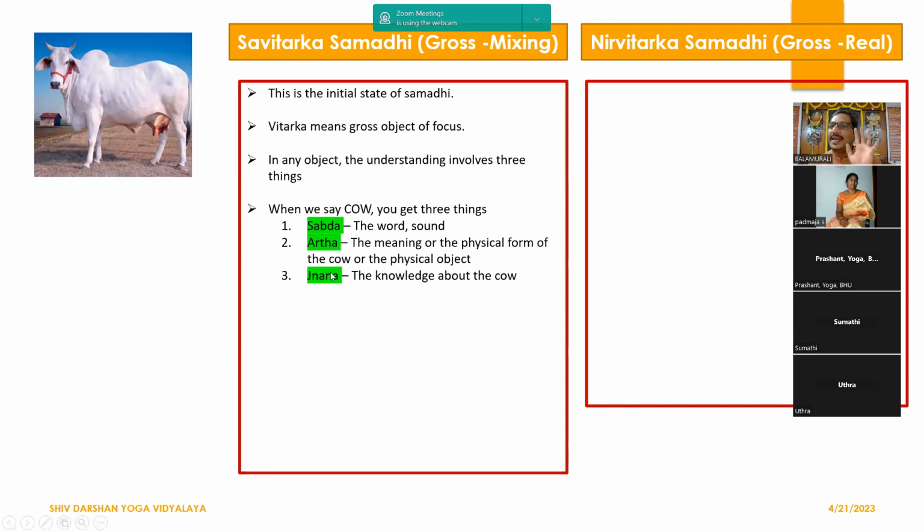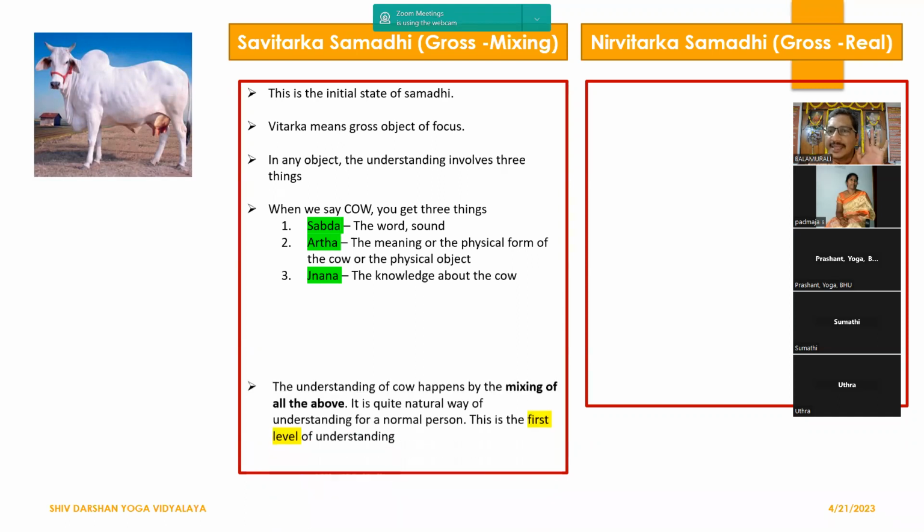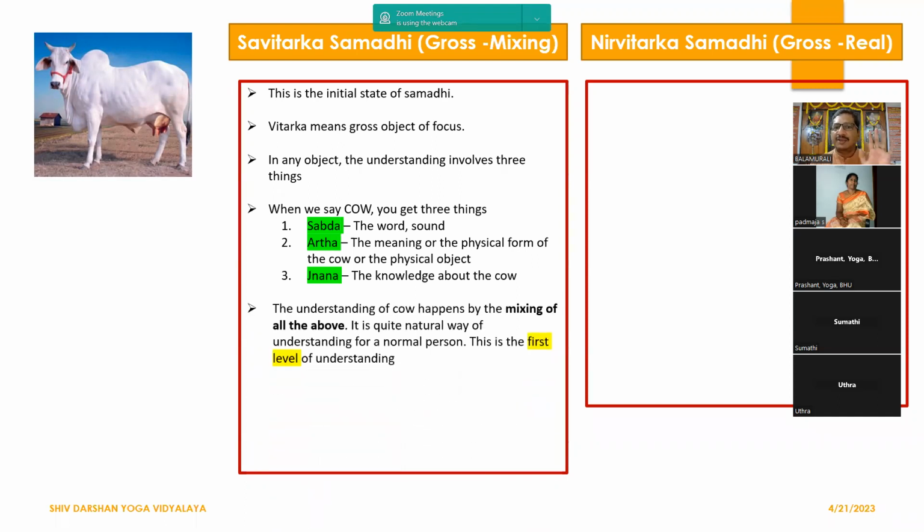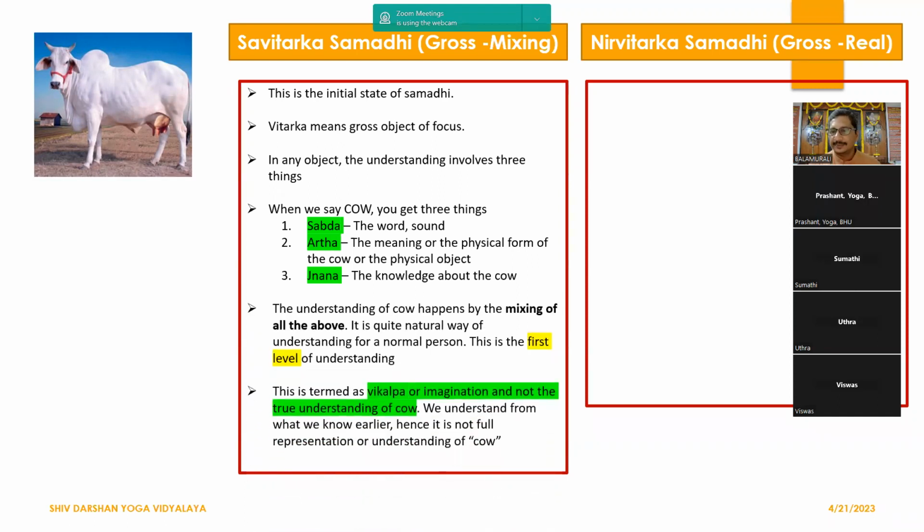Now my understanding is like this. This happens in Savitarka Samadhi, the first level. The mixing happens. So the commentators call this vikalpa, or imagination, because it is not 100% truth. I am not knowing fully about the cow, the Artha. With my knowledge and my experience, I mix things, so it is not the true understanding. This is the first level of understanding.